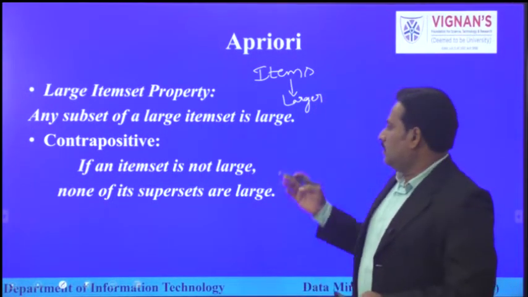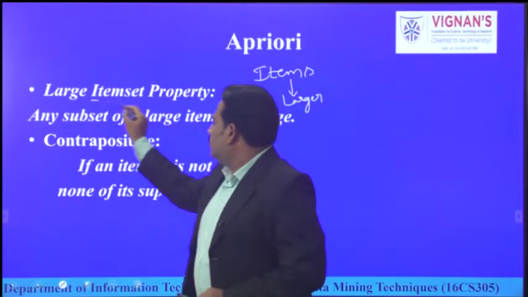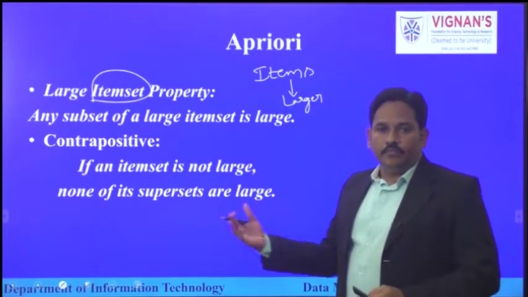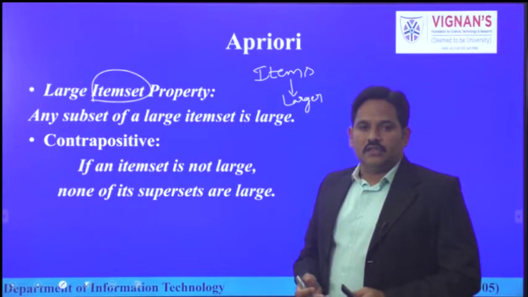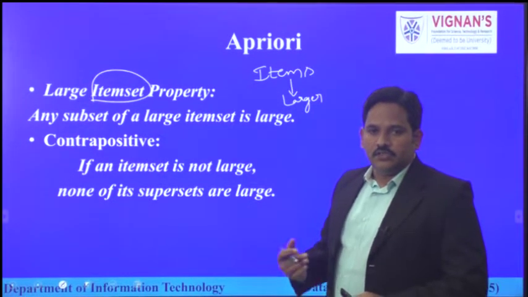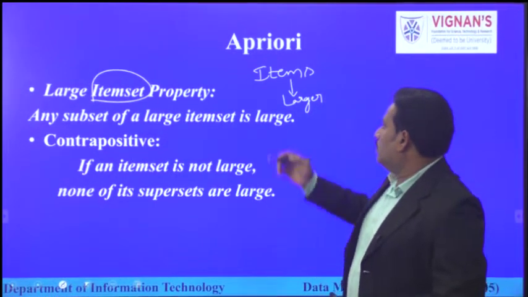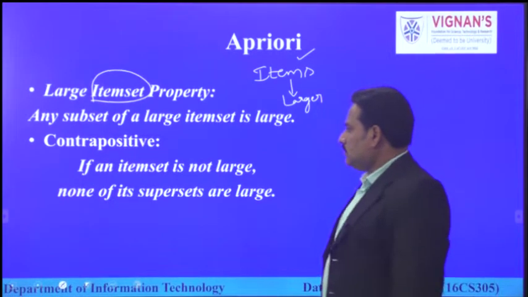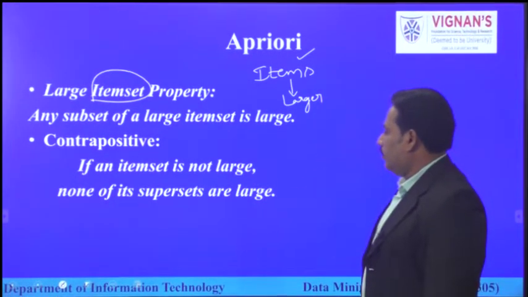That means when we get many item sets, these item sets are generated, pruned and eliminated. Finally, the best larger item sets are selected. So in this whole process, when we have a large amount of data, the Apriori algorithm will give better results.